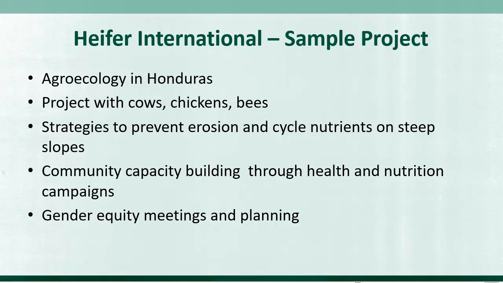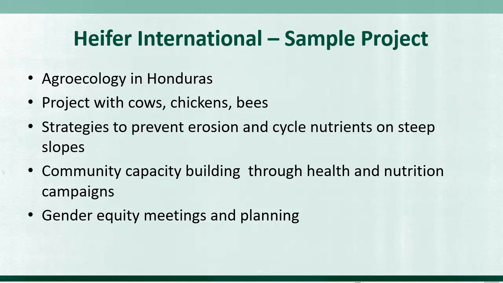And as a result of this, the projects are focused on trying to prevent erosion and to make sure that nutrients that are produced in agriculture get recycled and that steep slopes are repaired even when there's been damage done to them by slash and burn agriculture.